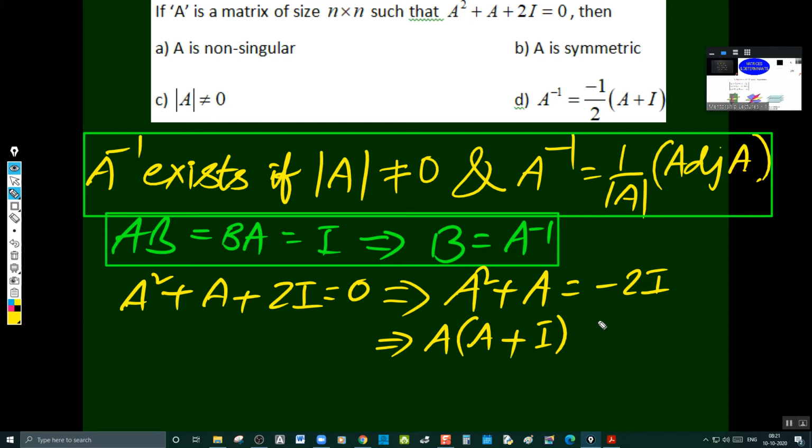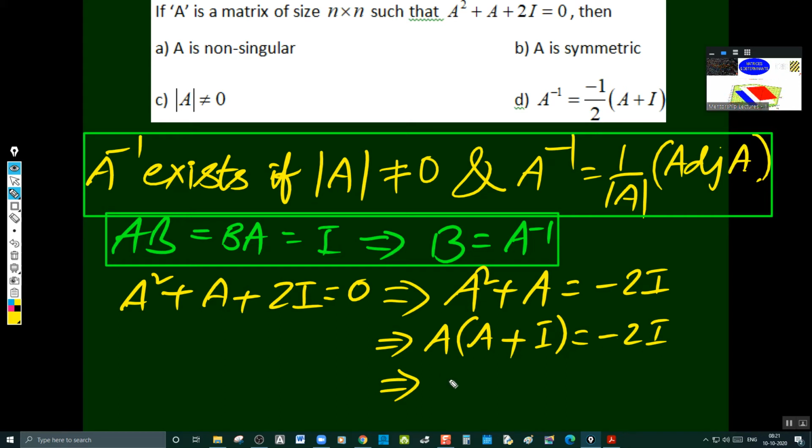So A into A plus I is equal to minus 2I, and now I want to convert this to the definition form, which is AB is equal to I. So A into A plus I, I want to make this I free from this factor minus 2.